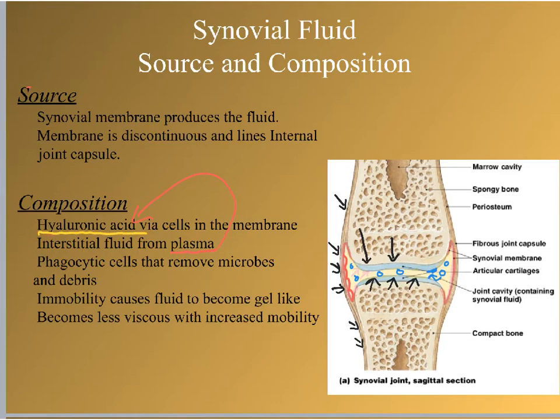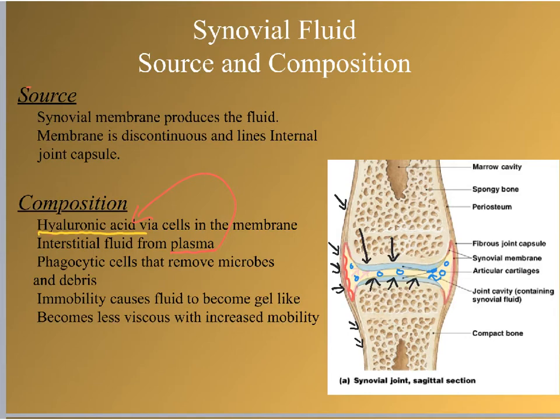As you age, you become a little bit more immobile. Some of us right now during COVID might be a whole lot more immobile than we normally would be. But regardless of the reason, age, or just not moving around as much, immobility causes this fluid to become thicker or more gel-like. So when you get up from the couch after having sat on the couch for some period of time, you'll feel this especially as you get older, that your joints are a little stiff.